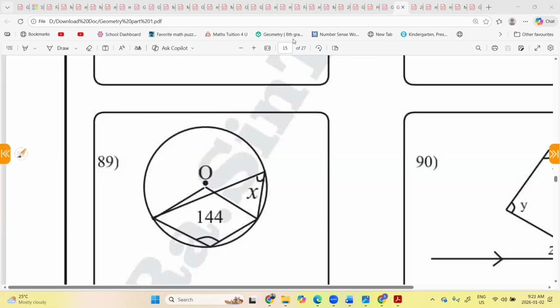Tanya, Akshara. Tanya, how much? Akshara and Tanya's answers are different. Medana sent the answer. Oh, different answer. Vedika and Tanya's answers are same. Darun, oh, Darun's answers are also the same.